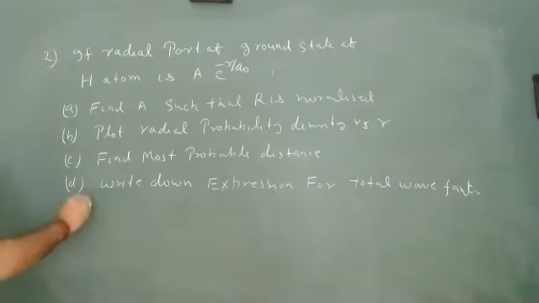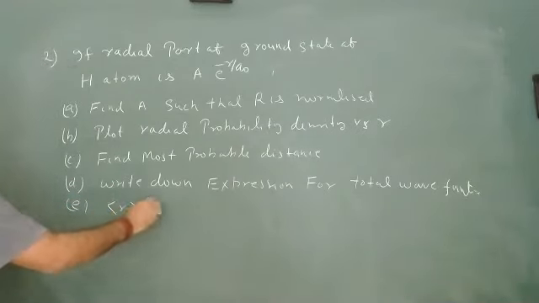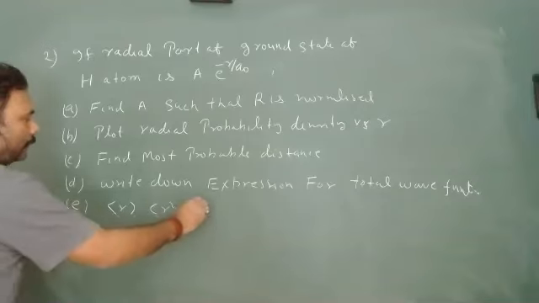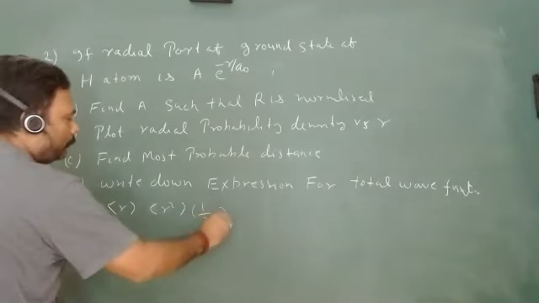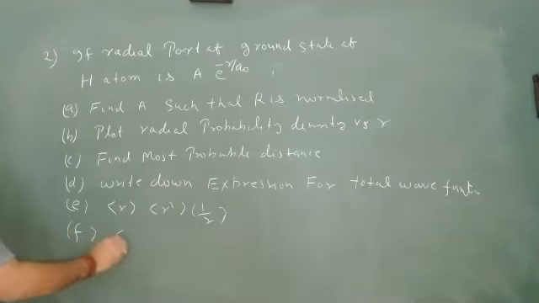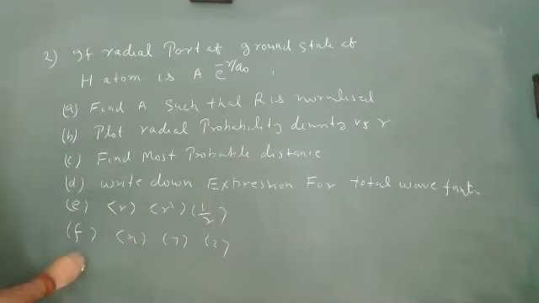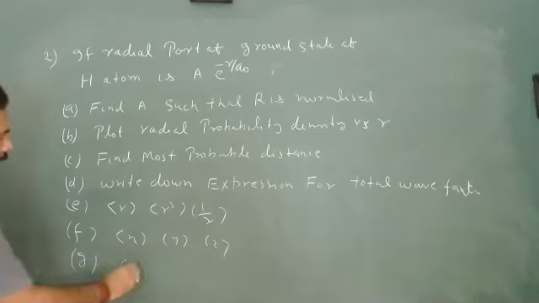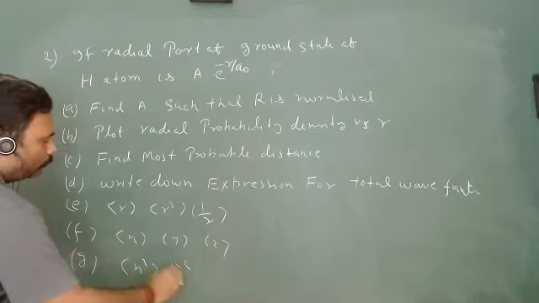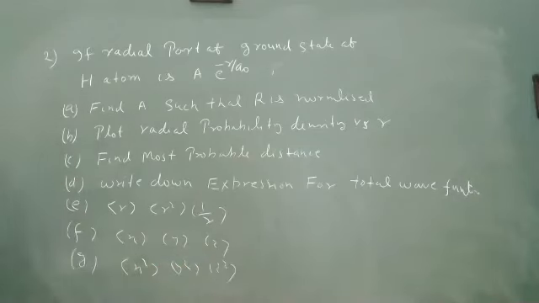E, find the expectation value of r square, 1 by r. F, find the expectation value of x, y, z. G, find the expectation value of x square, y square, z square.